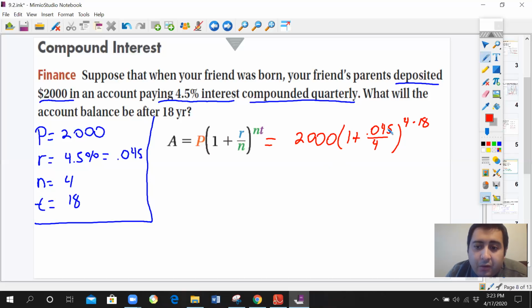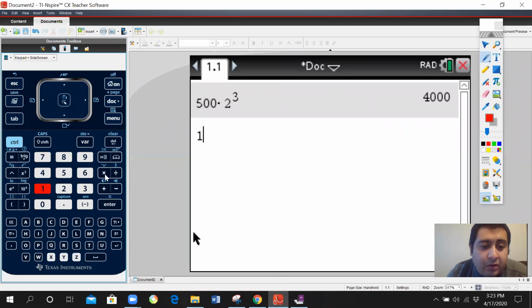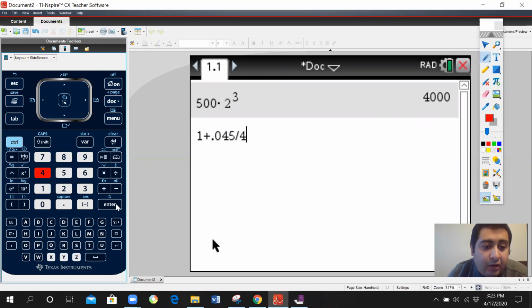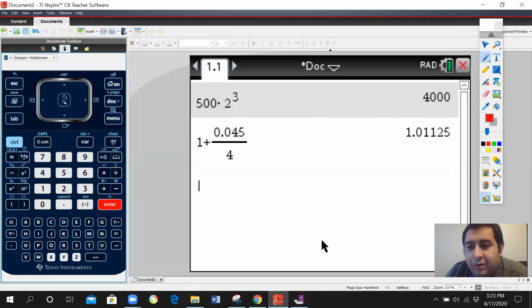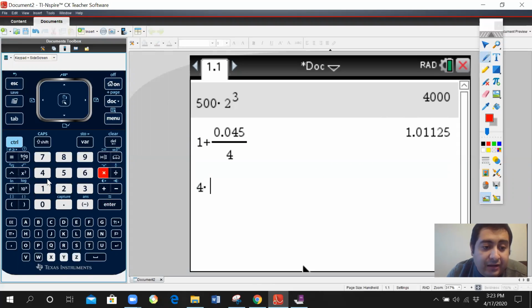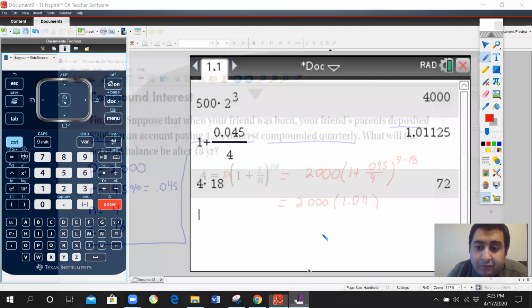All right. Once you input this in the calculator, you have 2,000 here. Let's see, we have 1 plus 0.045 divided by 4. We get 1.011. 1.011 to the power of 4 times 18, which is 72.